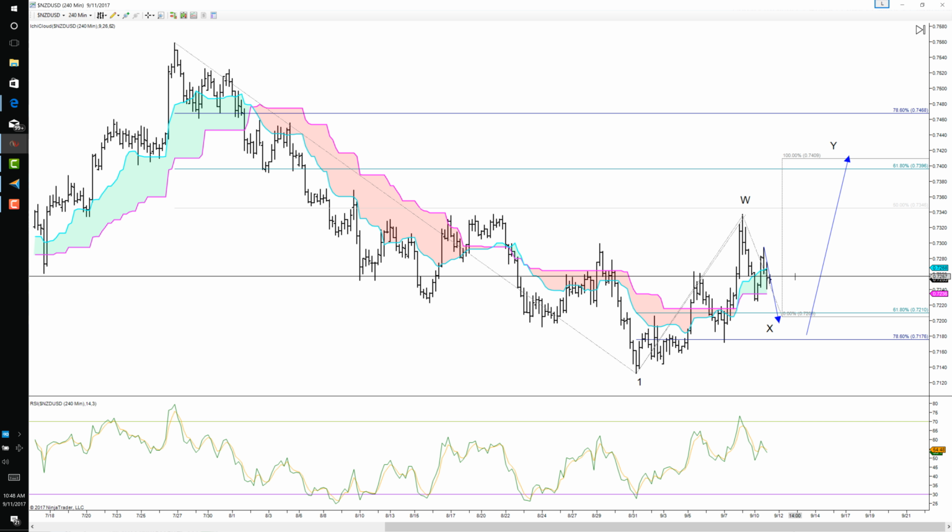So I'm going to move on. There was another new chart I had to discuss. This was the New Zealand. Then I wanted to look at the, let's see, that's the Aussie.